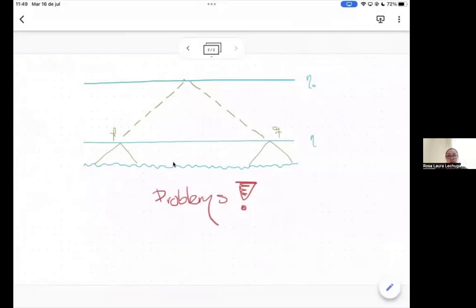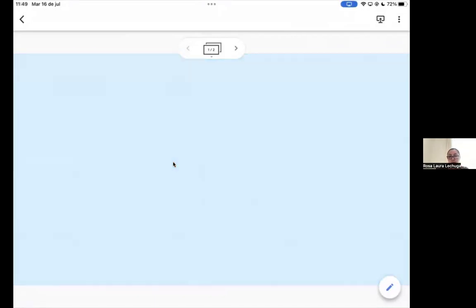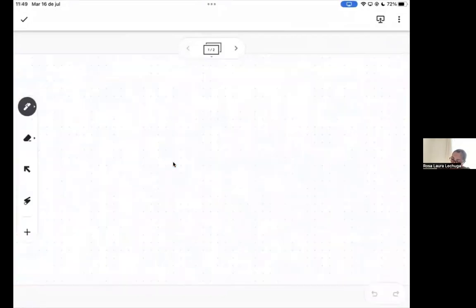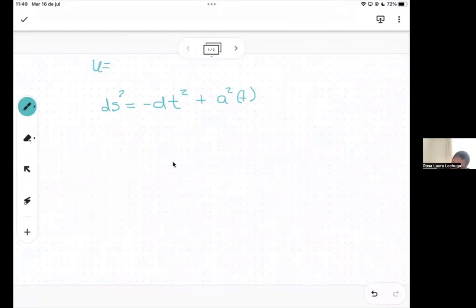Let me show you only one diagram. But first, yesterday we wrote the metric or the line element in this form. I'm going to consider the case k equal to 0.